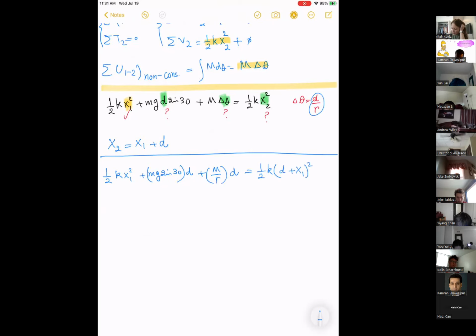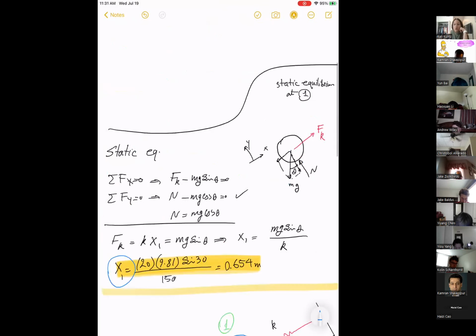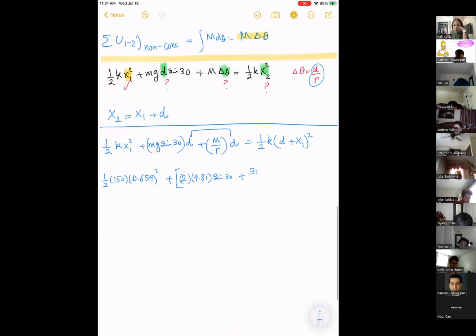If you expand this and simplify, I can substitute the numbers: half times 150 times 0.654 squared plus, I'm going to factor d here. So we're going to get m g, 2 times 9.81 sine 30 plus m, which was, how much was m? 30 divided by 2. This is going to get times d.